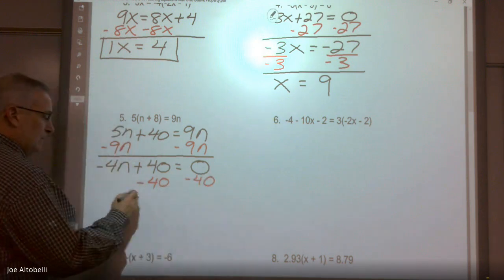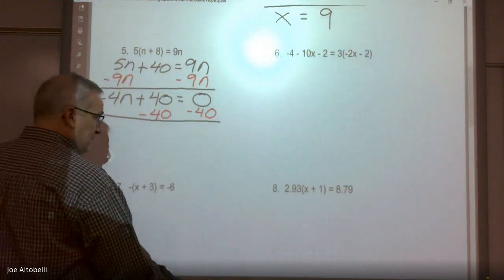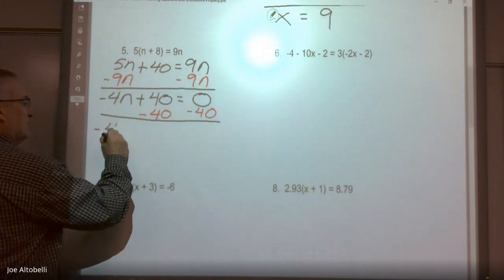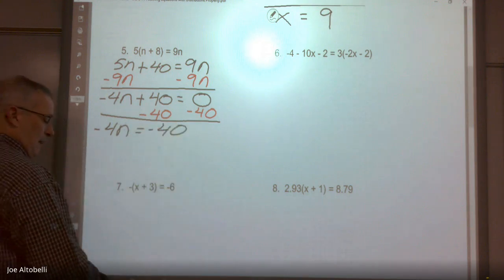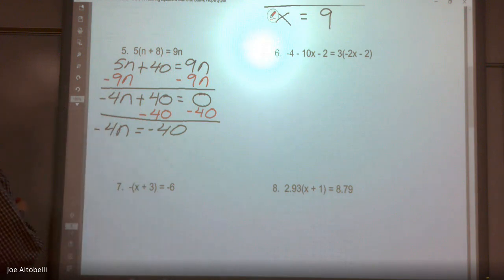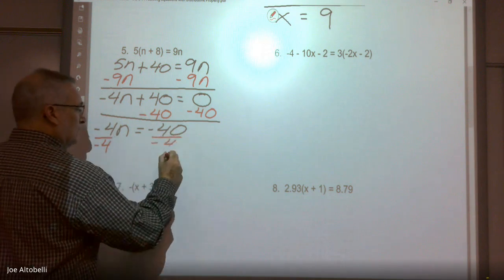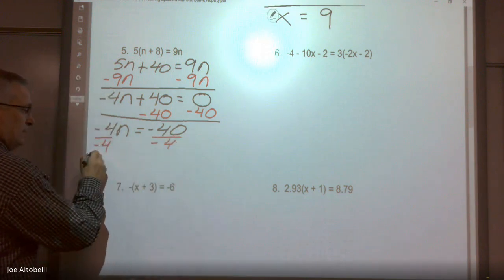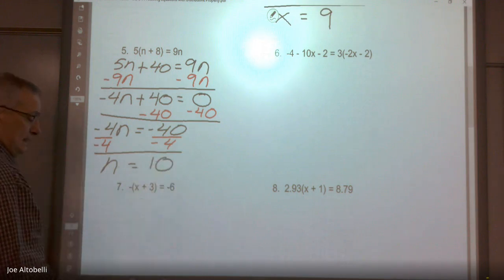That's how you legally move it from one side to the other side. So you get negative 4n is equal to negative 40. I'm multiplying. To undo the multiplying, we divide. So we divide by the negative 4. And we get n equals 10.